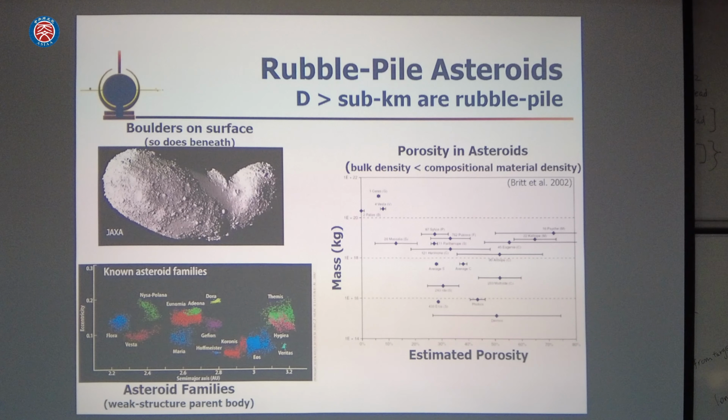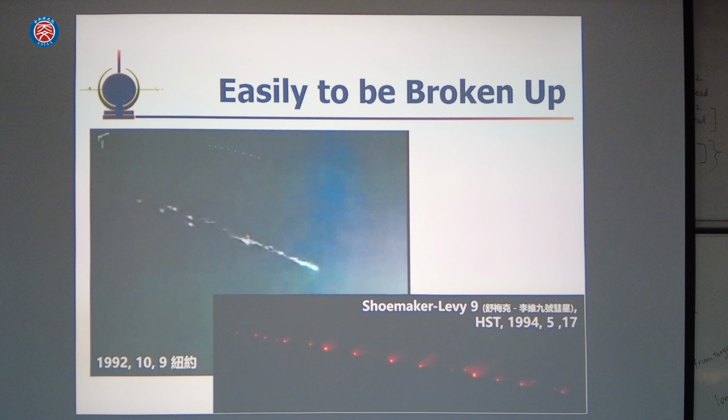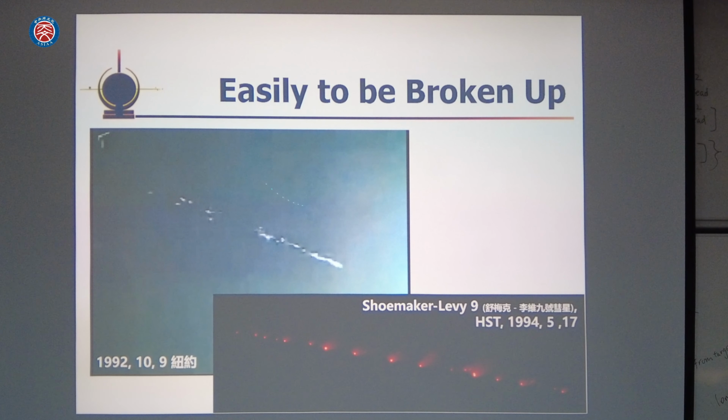So this is another piece of evidence to support the rubble-pile structure. And moreover, when an asteroid falls into the atmosphere, or gets too close to a planet, you will find it is easily destroyed or torn apart.